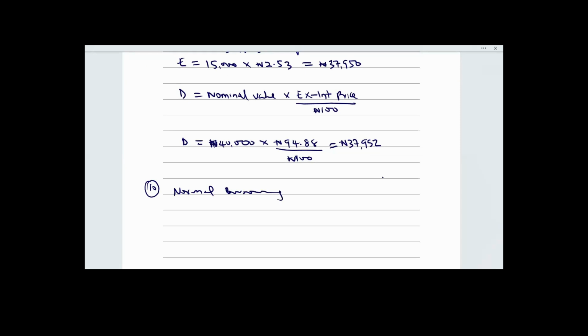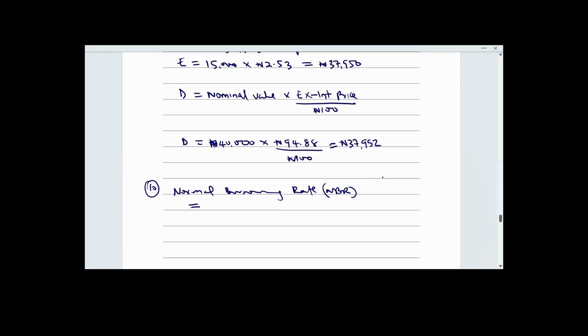Borrowing rates, NBR. According to the question, the subsidized rate is 200 basis points below the normal borrowing rate.